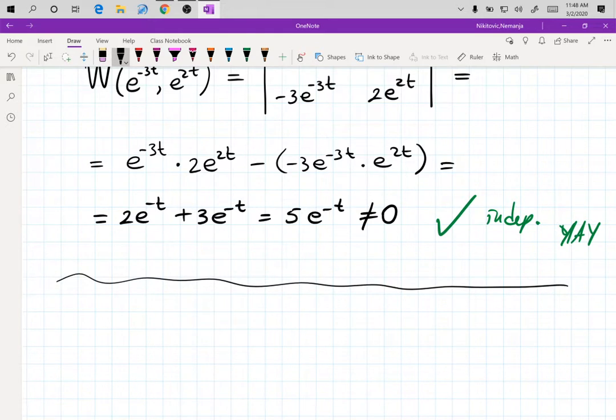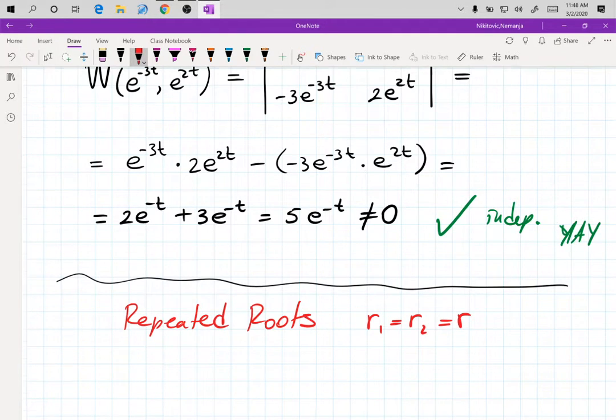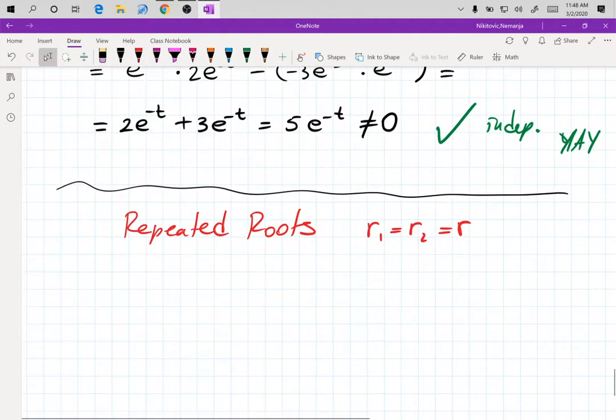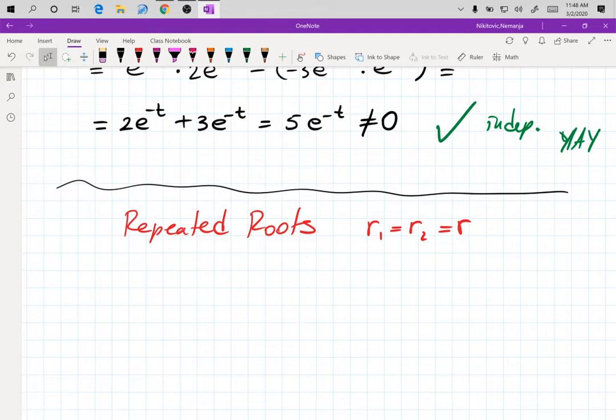So, repeated roots, R1 equal R2 equals just R. This is actually case 2. Our first case was when there were two different r's.